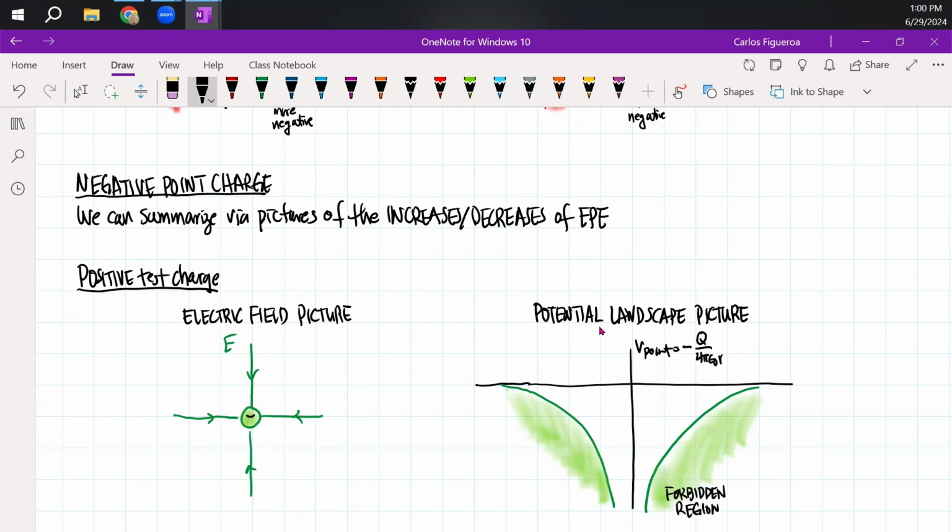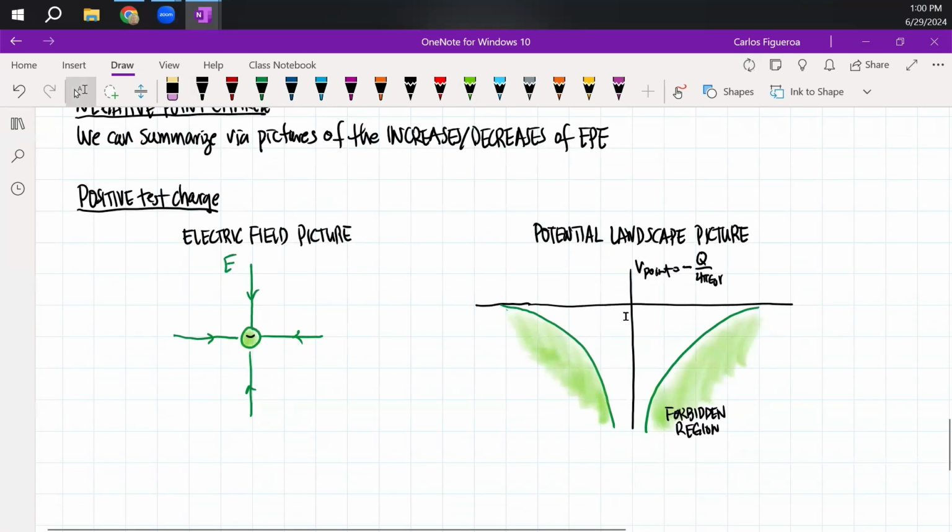So these two are exactly the same because it's the negative charge that was the cause. Here, we also have the negative charge.